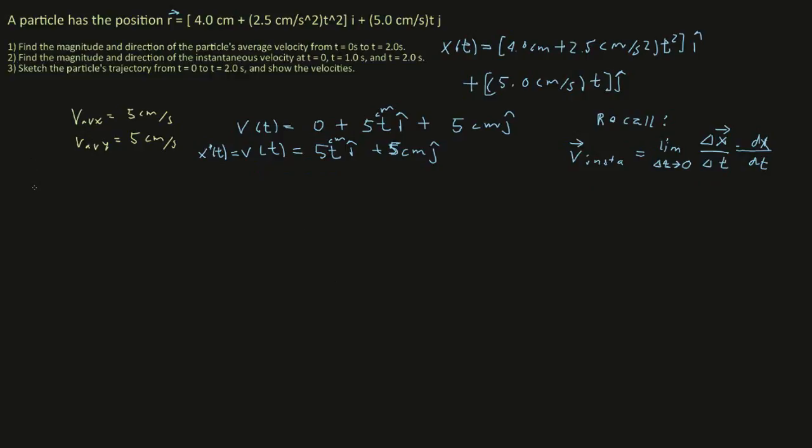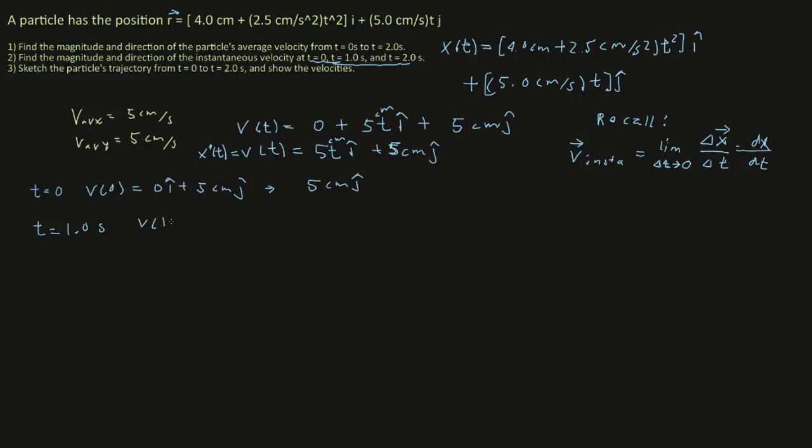Okay, so now we can just plug in when t equals 0. When t equals 0, v of t is going to be 0 i plus 5 centimeters j. Thus, this is going to give us just 5 centimeters j hat in the y direction. And when t equals 1 second, we're just using these times here now.